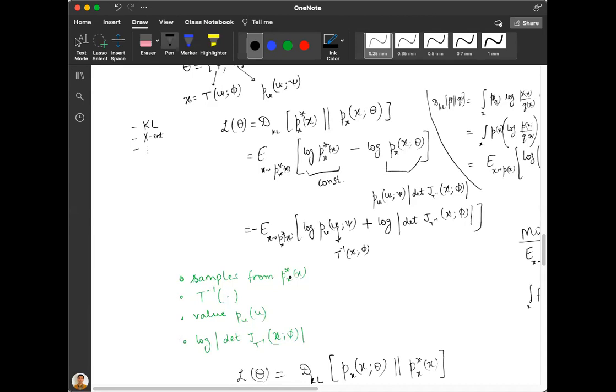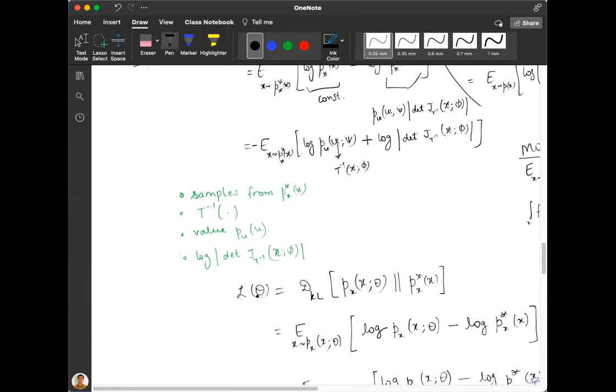Or you have some distribution and you want to generate more samples from it. In that case, you don't know the value of P star(x), but you know samples from P star(x). So you have to stick to this form. And you have to have T inverse because you want to train the model, but you also need T because you want to generate more samples. So you need both T and T inverse, right?